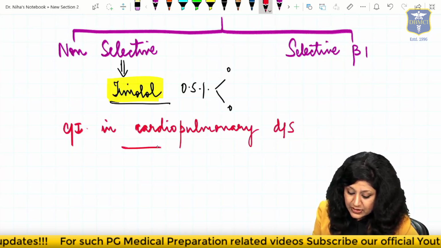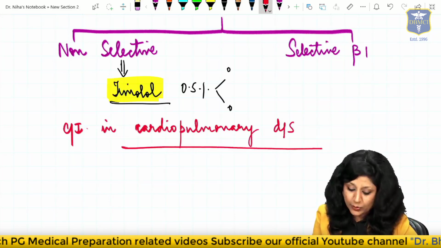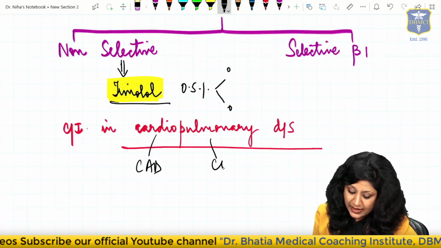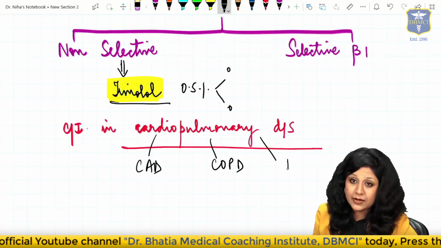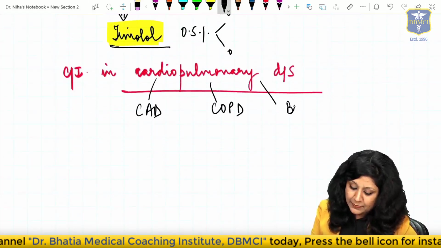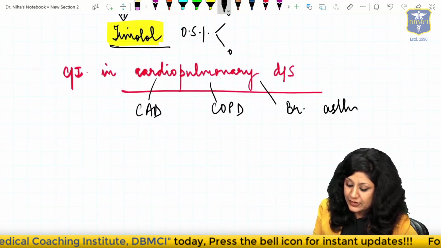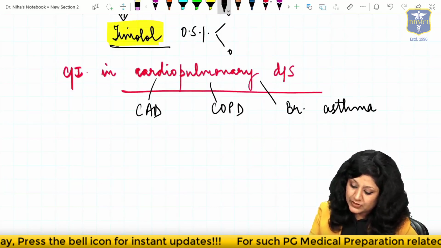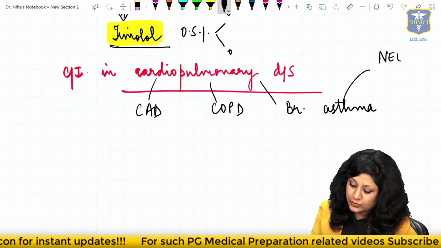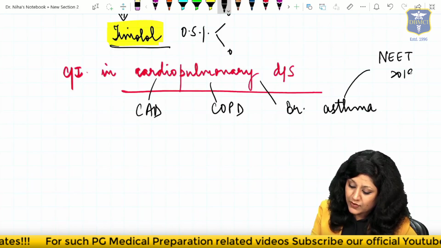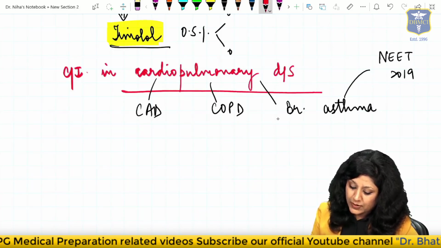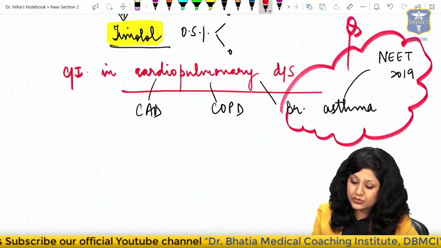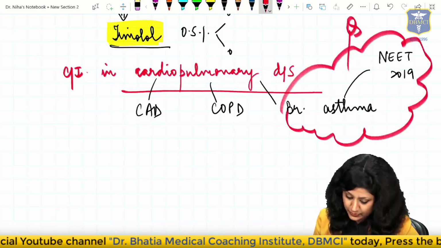All those patients who have cardiopulmonary diseases, be it coronary artery disease, COPD, or bronchial asthma, should not be given these non-selective beta blockers. This question came last year in NEET 2019: which anti-glaucoma drug should be contraindicated in patients of bronchial asthma? So this was the non-selective beta blockers.